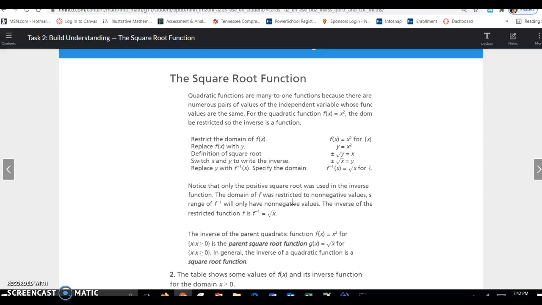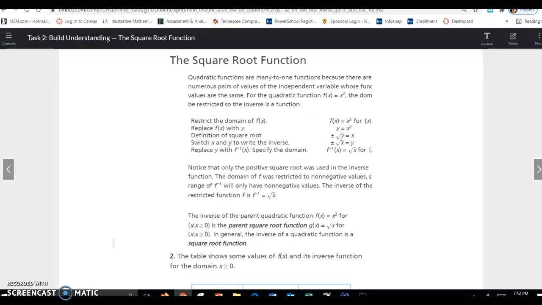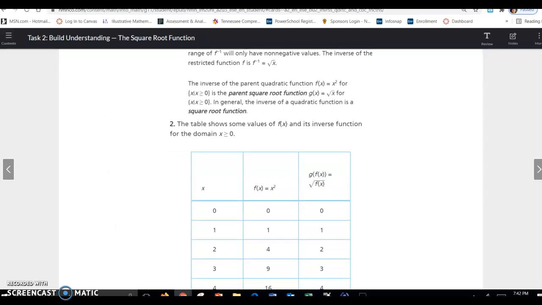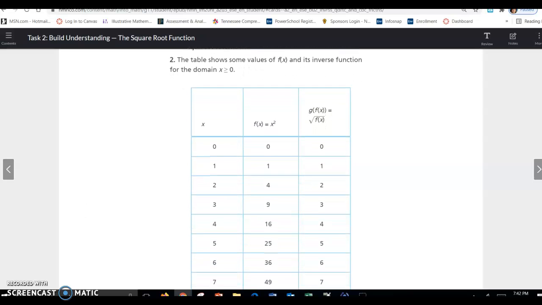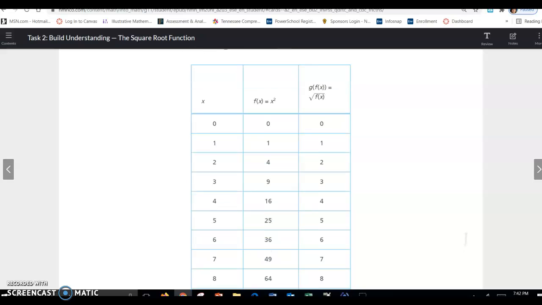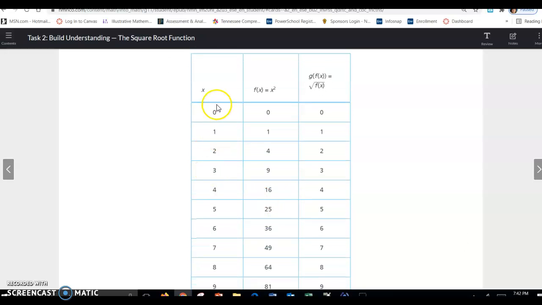All right, number 2 says the table shows some values of f of x and its inverse function for the domain x greater than or equal to 0. So you can see that there are positive values of x, 0 and numbers greater than 0, and they're going to square those. f of x is x squared, and then it says g of f of x.